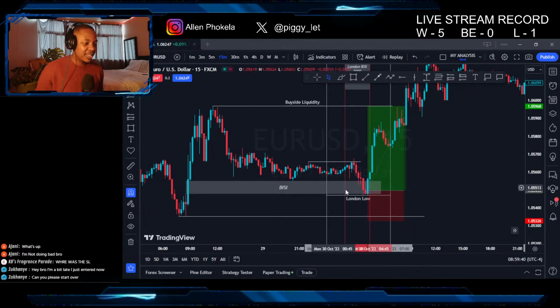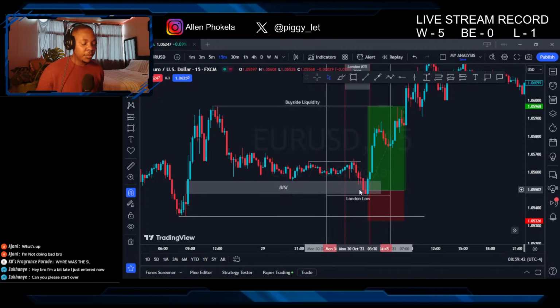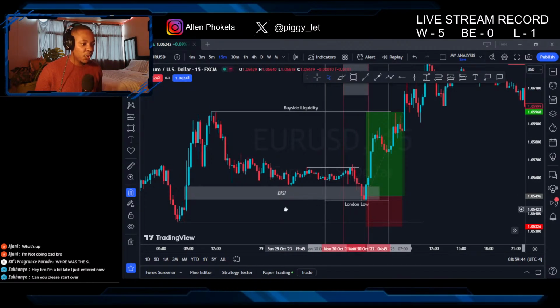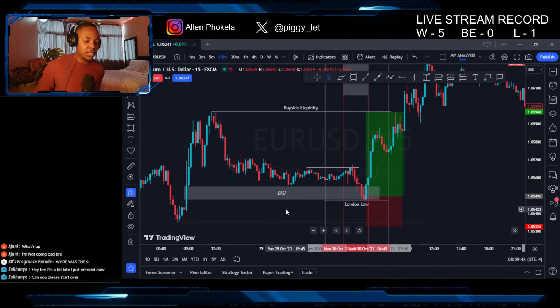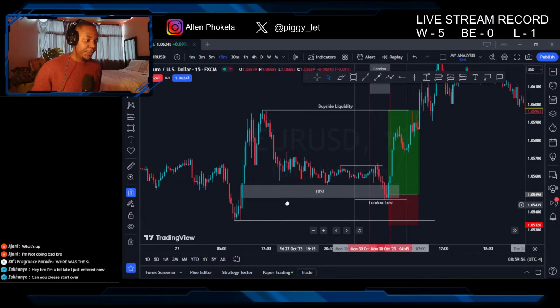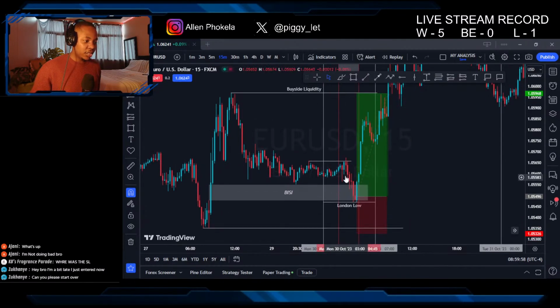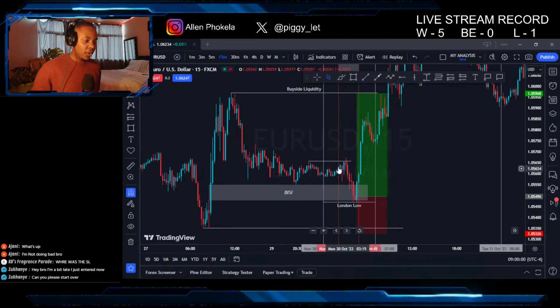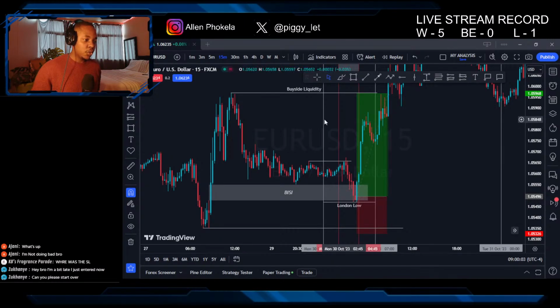We'll get that OTE, the optimal trade entry, which is what the London kill zone normally offers. It typically offers an OTE because it turtle soups, or it gives you a Judas swing to the upside, and then you sell it off there.